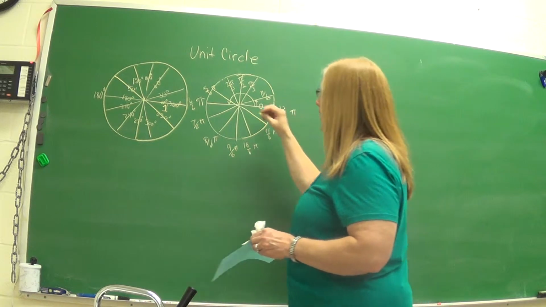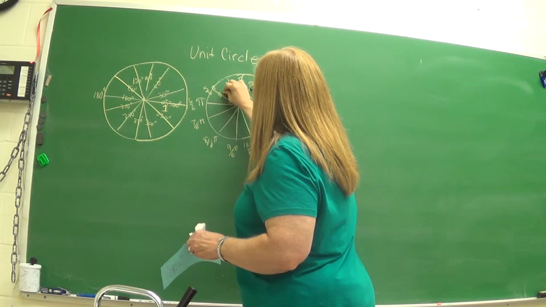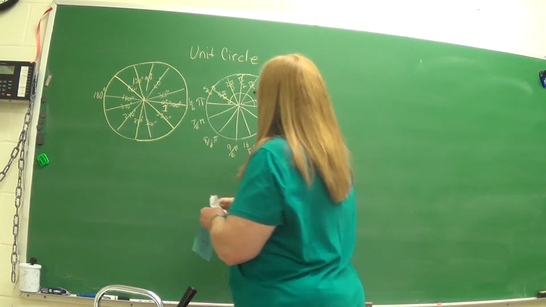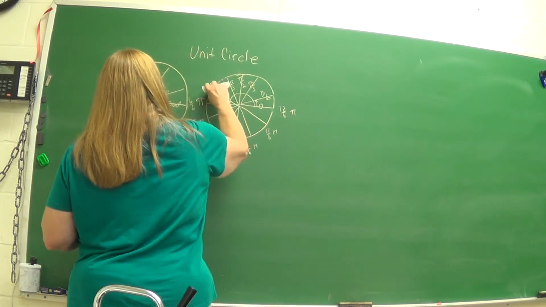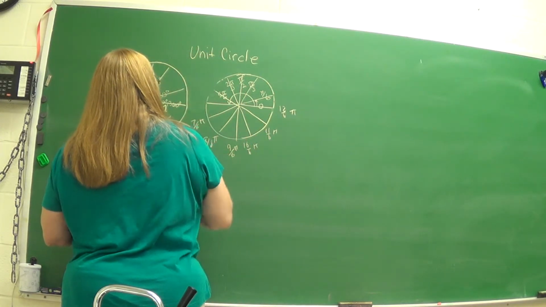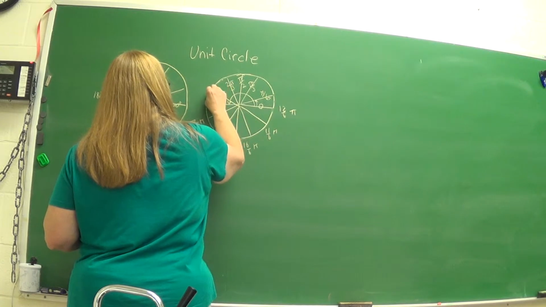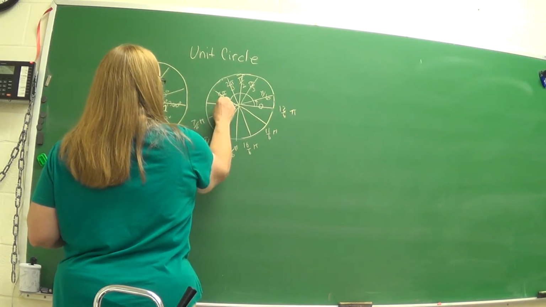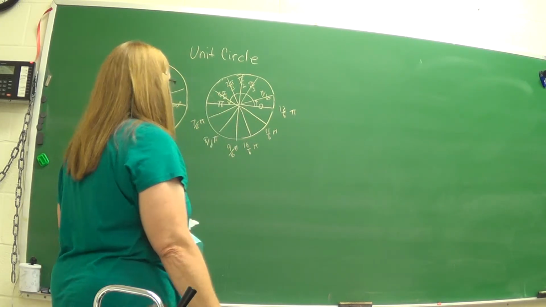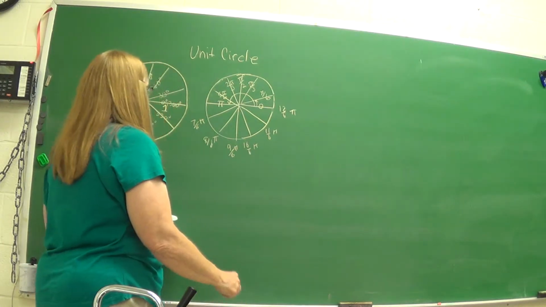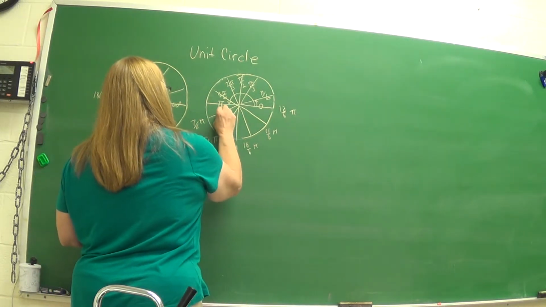5/6 pi is already reduced: 5 pi over 6. So let me get these out of the rims. So we have 5/6 pi, 6/6 pi is 1 pi, so I write it like that. And now we have 7/6 pi.